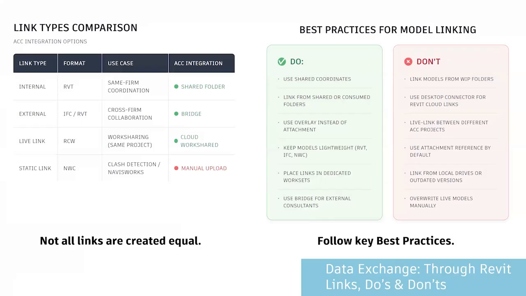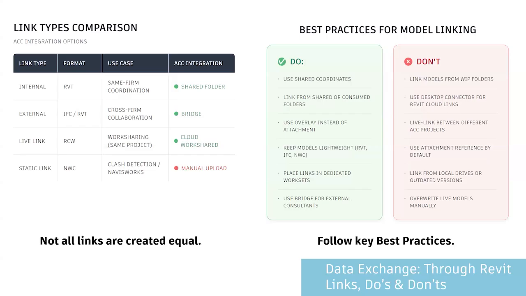On the left side, we have the key link types: Revit, IFC, NWC, Revit Cloud Workshared, and how they're used depending on whether you work internally, externally, or across the project. On the right side, we have the do's and don'ts, real-world habits that can either make your life easier or lead to a lot of confusion down the road.